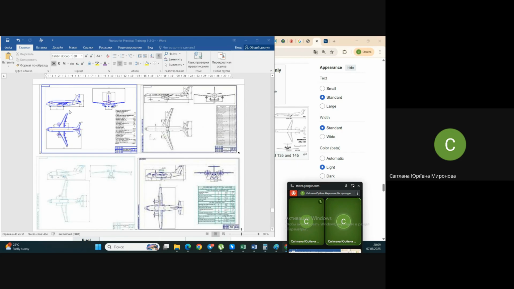Well, the main view. The airplane's left board is visible, and the airplane flies to the left edge of the drawing in this direction. Actually, it's shown in ground position, as you might see.